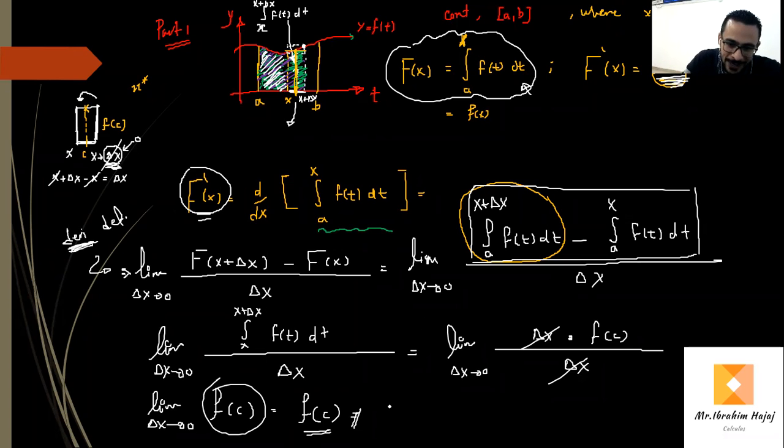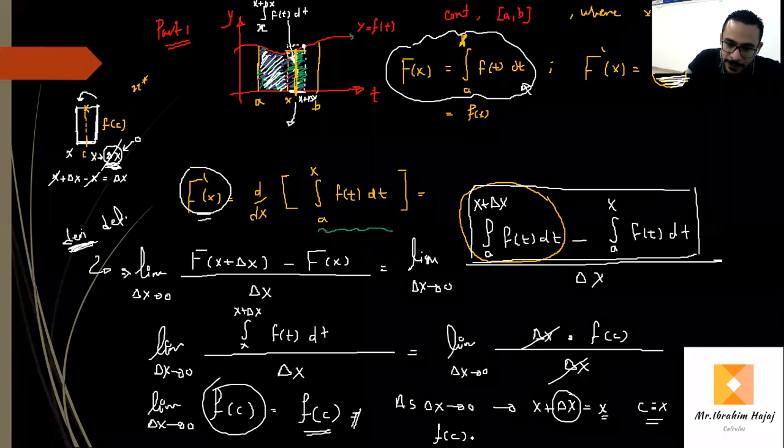So we have to say that as delta x approaches 0, the x plus delta x equals x now, since this one is 0. And also the c becomes x.